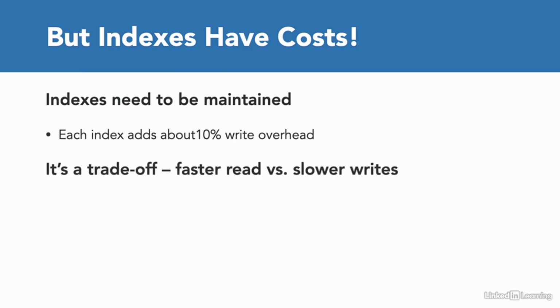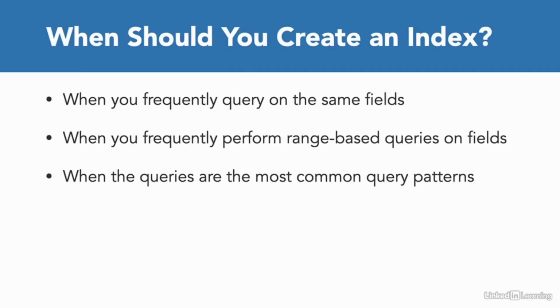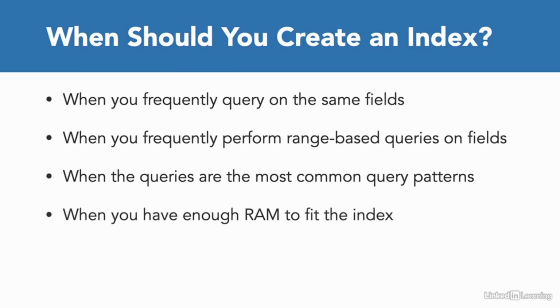So having indexes is a trade-off. You can get faster data access, but any writes take a little bit longer. So you should create indexes on common query patterns only. You should also make sure that all indexes you create fit into RAM, where data access is fastest.